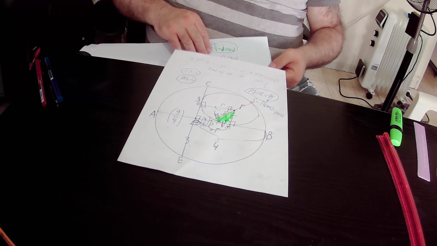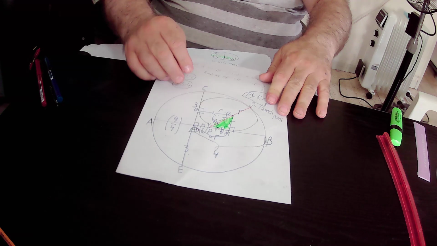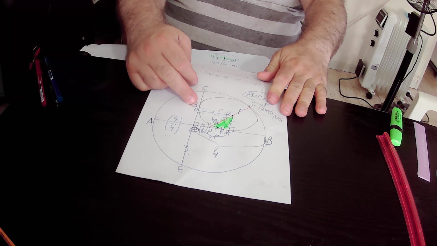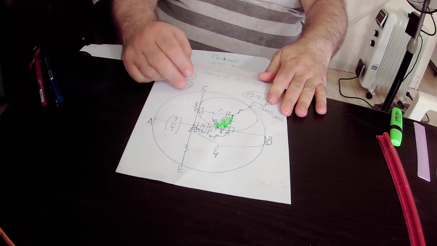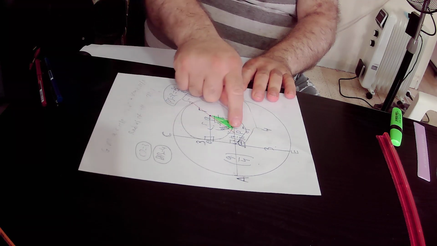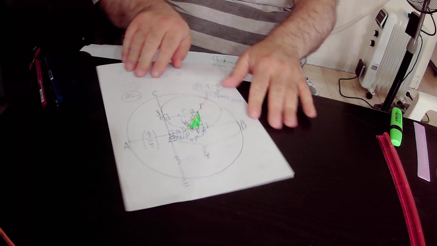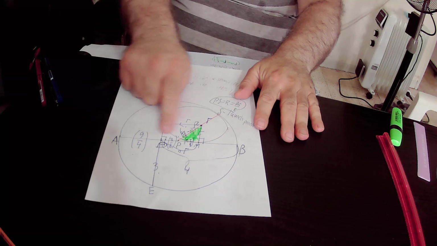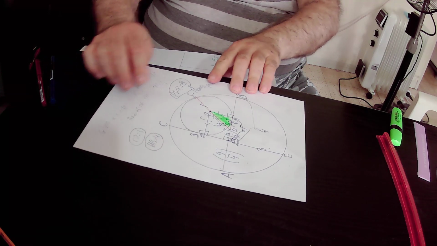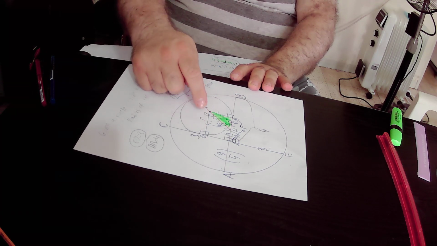Then we defined the point of tangency of tangent CD with this small circle as point O, and we also defined the point of tangency of tangent DB with this small circle as point M. And then from point Q we join points Q and O together by a straight line.